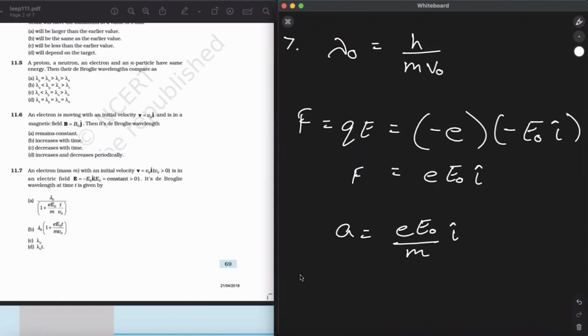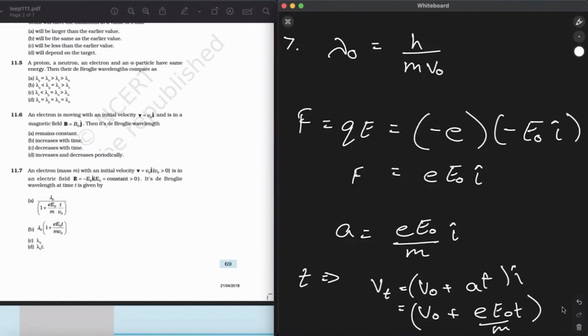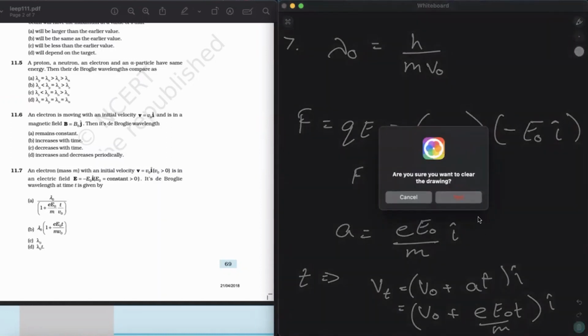After time t, the velocity of the electron will be v at time t equals v naught plus acceleration times t. So v naught plus eE naught by m, multiplied with time t, and both are in the i cap direction.